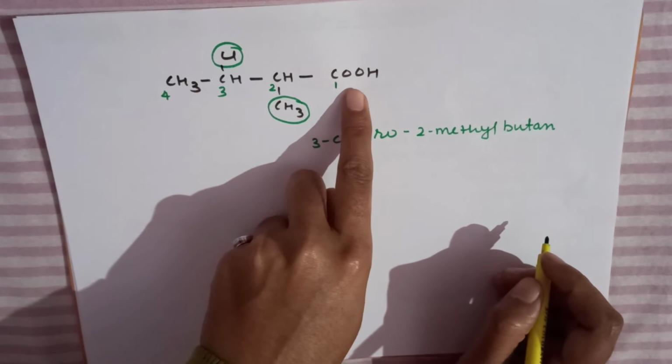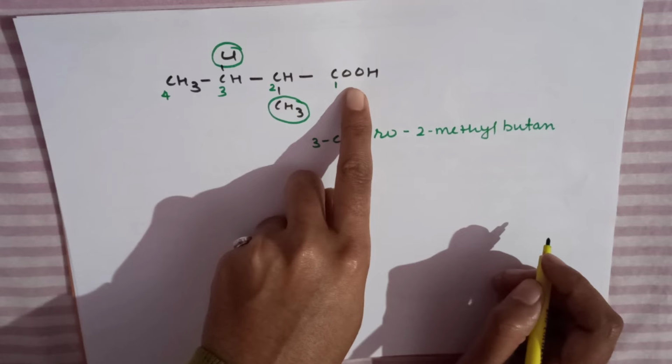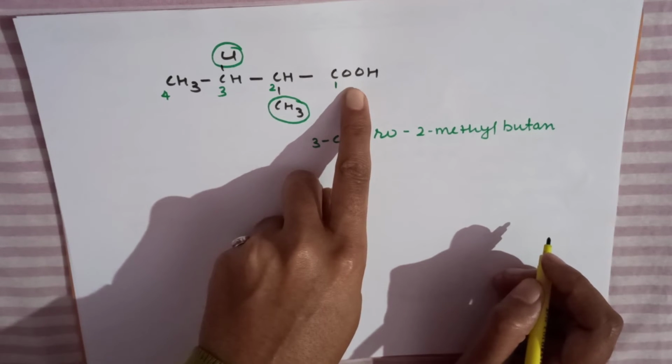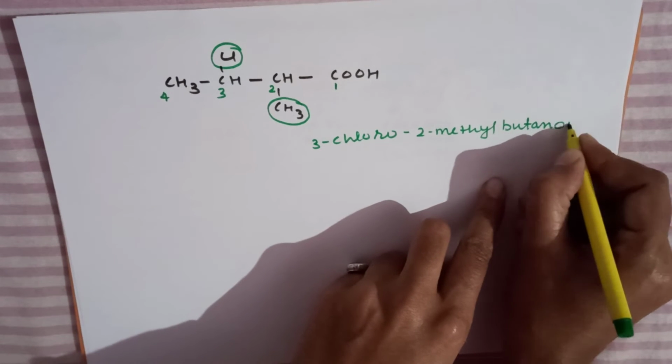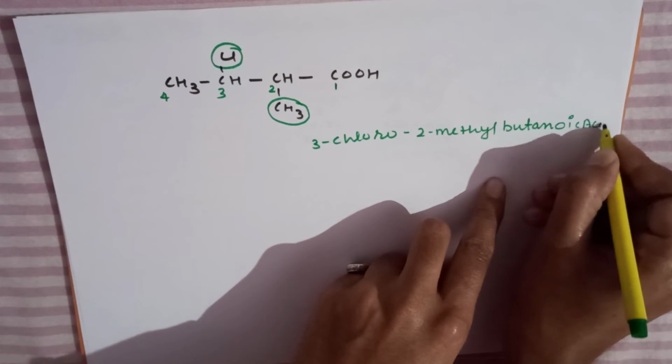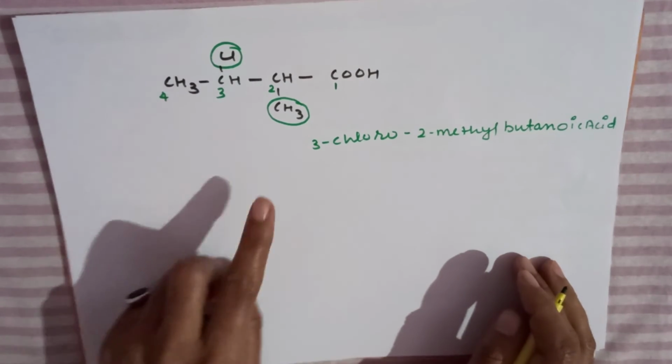Now you know this is a carboxylic group. So the secondary suffix will be oic acid, which starts with o. So the e of ane will be removed. Oic acid. Okay children.